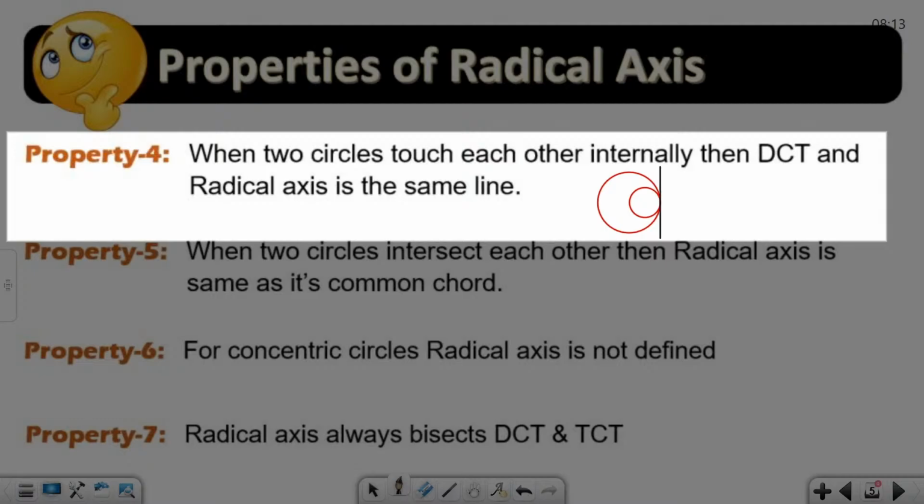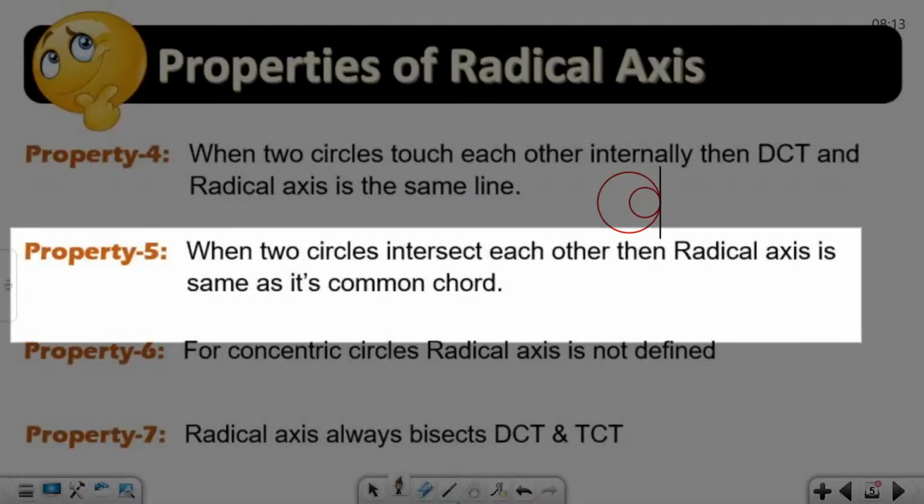As I told you, finding the direct common tangent and transverse common tangent is a little bit longer than finding the equation of the radical axis. So it is easy to find the radical axis the moment you know that they are touching each other internally, because the equation of the direct common tangent and the radical axis will be the same.